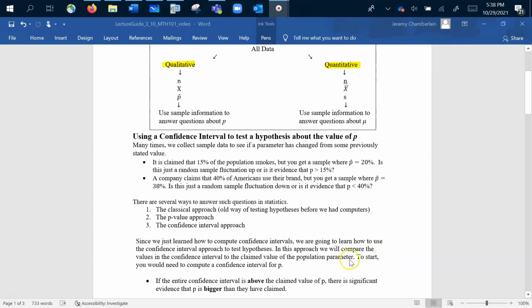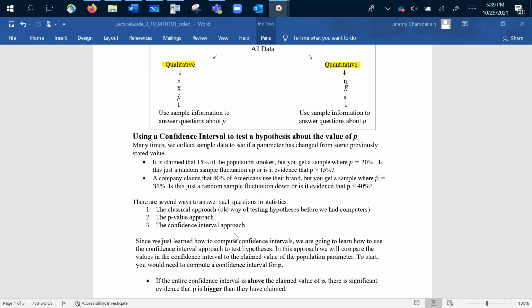In general, there are several ways to answer these questions. There's the classic approach. This was an old way of testing hypotheses that involved tables before we even had computers. That has pretty much disappeared, but some people still do the classical approach without computers. There's the p-value approach, which is done in other statistics courses, but we're not going to handle that approach. And thirdly, there's the confidence interval approach.